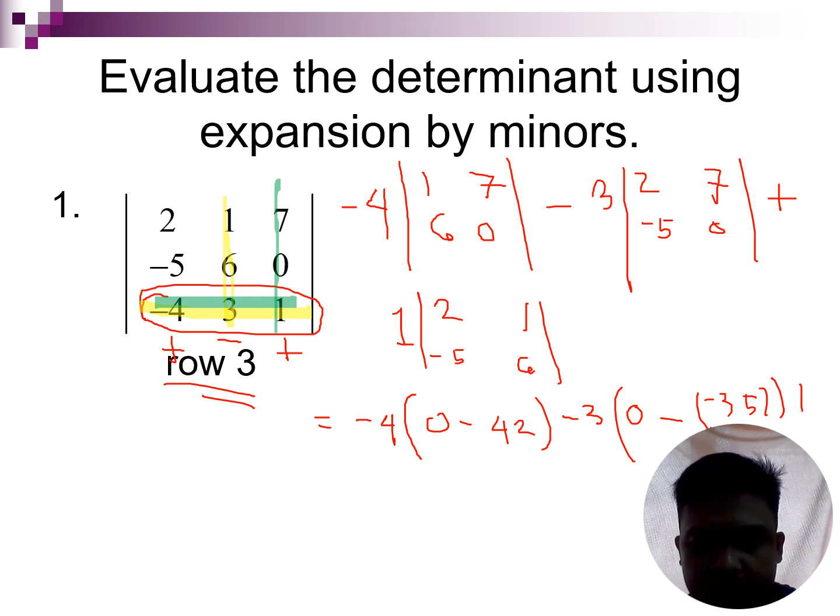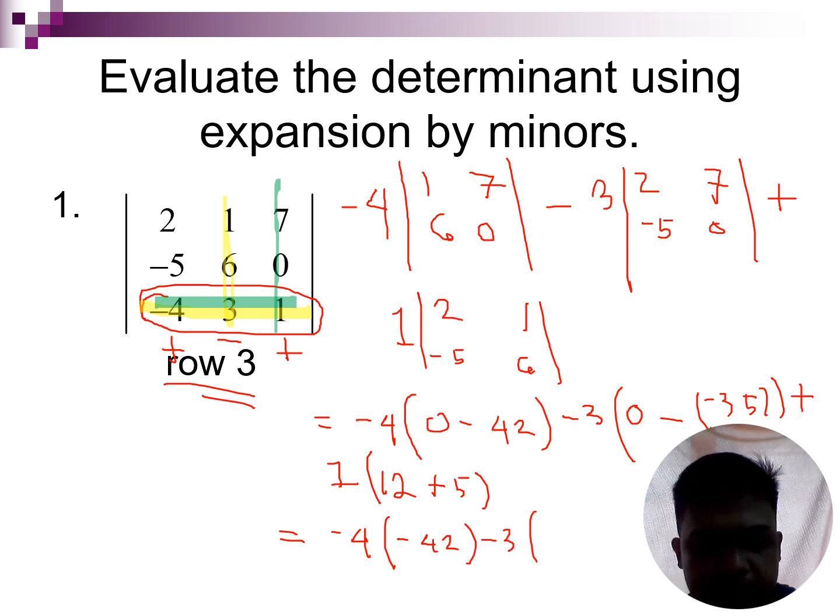And then we have plus 1. 2 times 6 is 12, minus negative 5 will give us plus 5. So remember, guys, the one beside the negative 4 is our minor. Our minor for negative 4 is negative 42, our minor for the 3 is positive 35, and our minor for the 1 is 17.